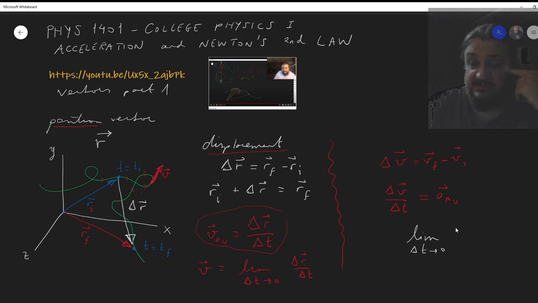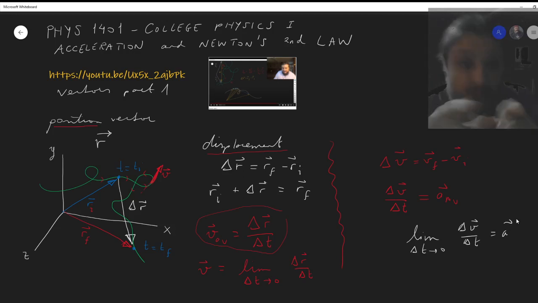That means delta t goes to 0. Then this becomes the instantaneous acceleration. Simply a. Okay? And a does not have to point in the same direction as velocity. It may or it may not. If they're parallel, it may mean speeding up. But what if you're slowing down? Then the velocity vector and the acceleration vector are in the opposite directions.